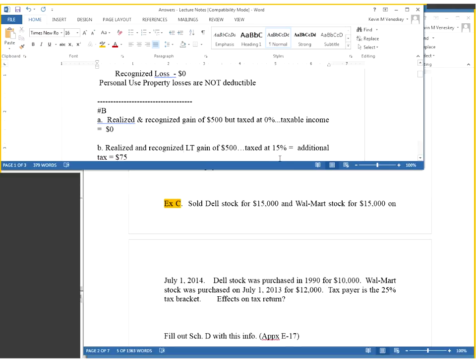Capital gains, you stop it at 15%. So 15% based on $500, $75 would be added to their tax bill. And that's what I was meaning there.